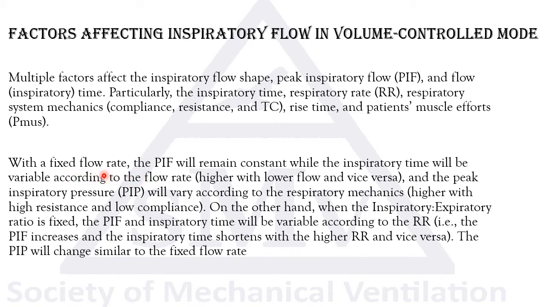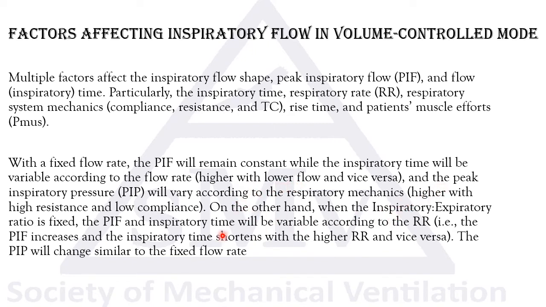So in the fixed flow rate, the peak inspiratory flow will remain constant, while the inspiratory time will be variable according to the flow rate. So if you increase the flow rate, the inspiratory time will be shorter, and if you decrease it, it will be longer.